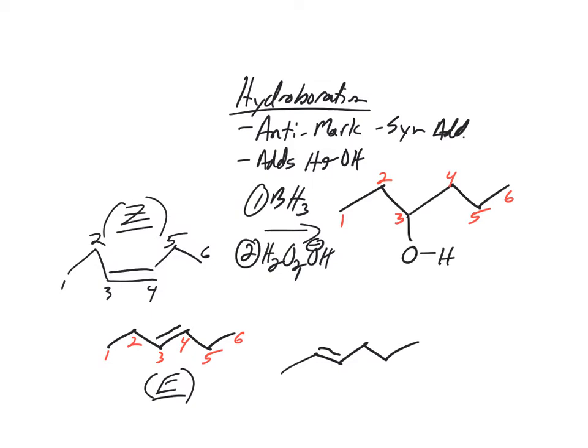If you had the pi bond between 1 and 2, are carbon 2 and 3 the same or different? They're different, but they both would be secondary. And so I get an OH on carbon 2 sometimes. So if I only want the OH on carbon 3, the pi bond must be between 3 and 4. And so we'd have the E version and the Z version. This would give both an OH at 2 and an OH at 3.